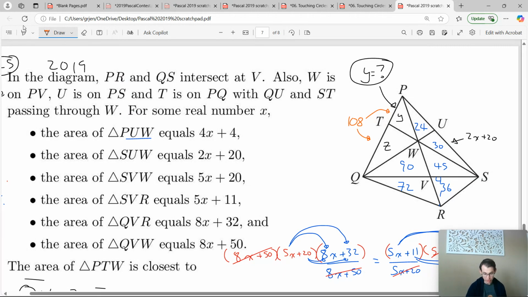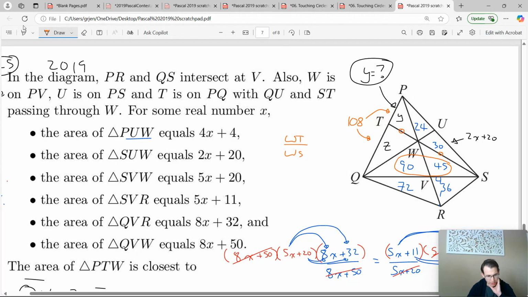Okay, but we'd like the ratio of Y to Z. And we can get it if we notice that WT is a ratio to like this one here. Okay, so WT, its ratio to WS is going to be the same as, well, this one.